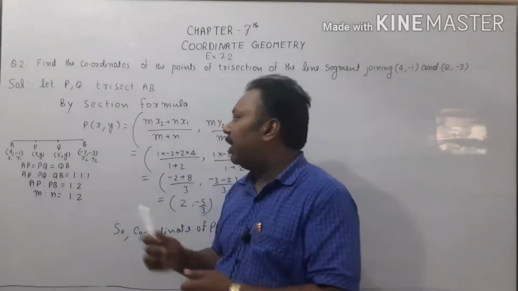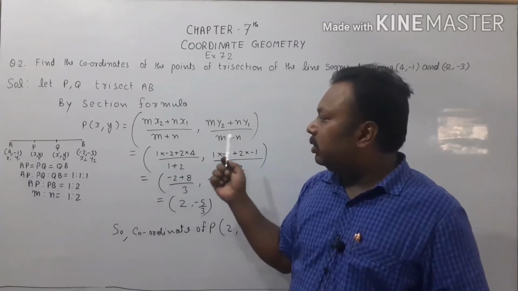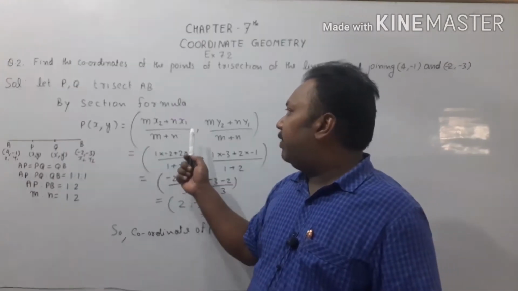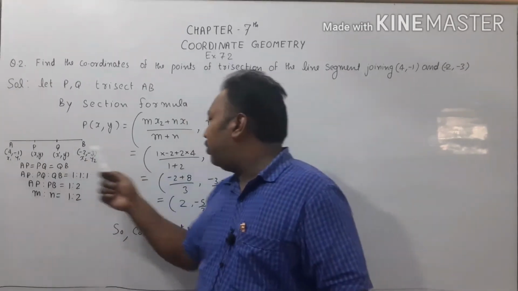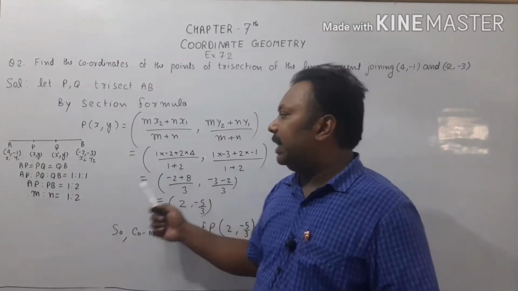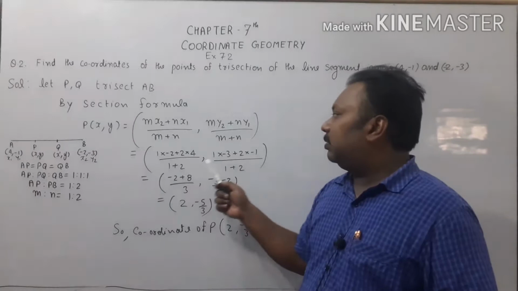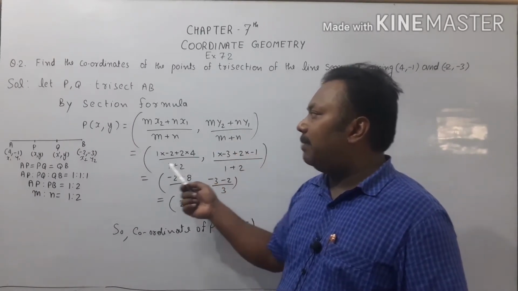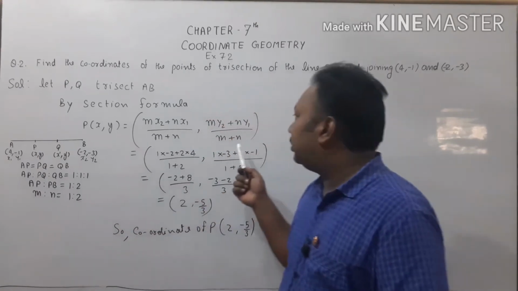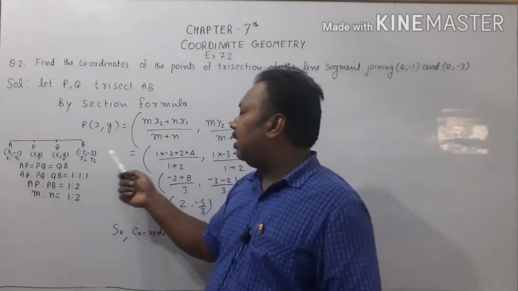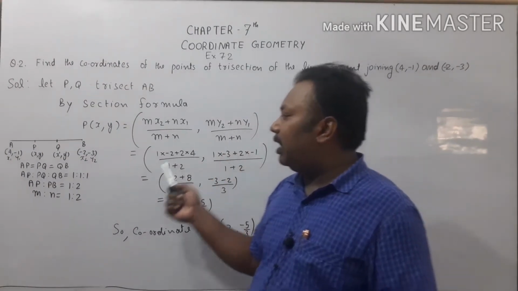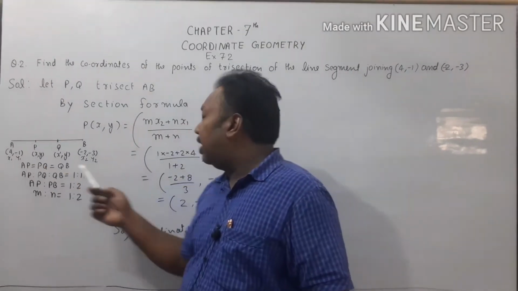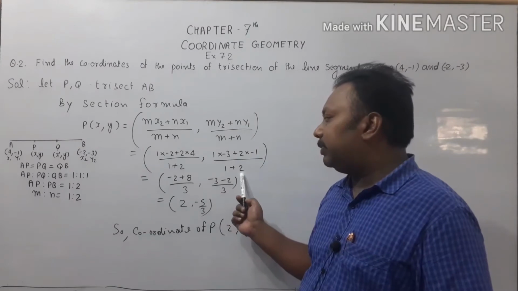We put the value of x2, -2, then n, the value of n is 2, the value of x1 is 4, upon m plus n, 1 plus 2. Then (my2 plus ny1) upon (m plus n): the value of m is 1 and the value of y2 is -3, the value of n is 2, the value of y1 is -1, upon 1 plus 2.